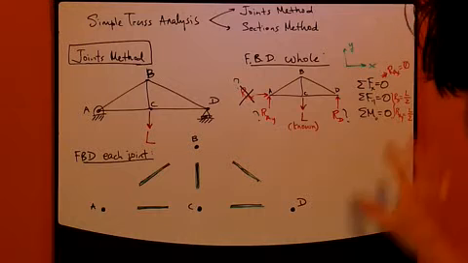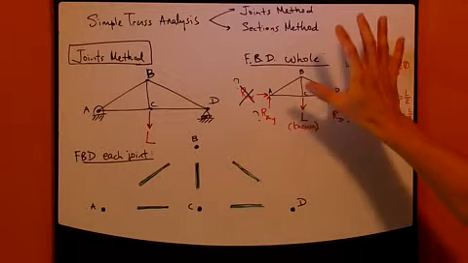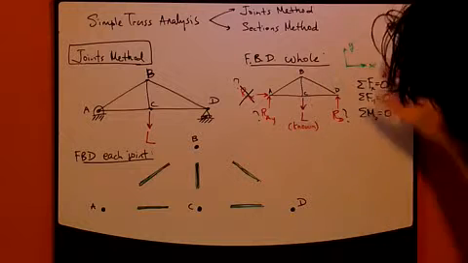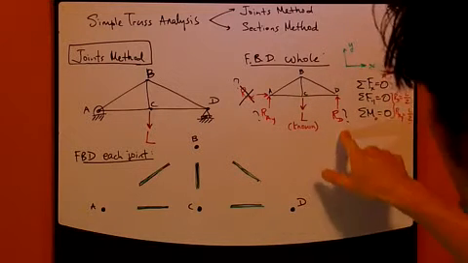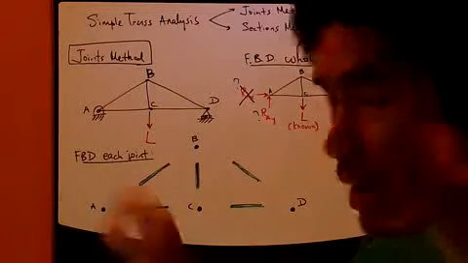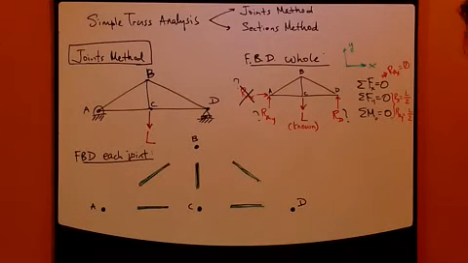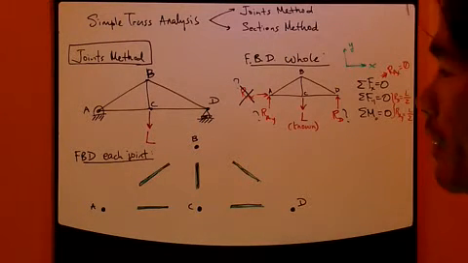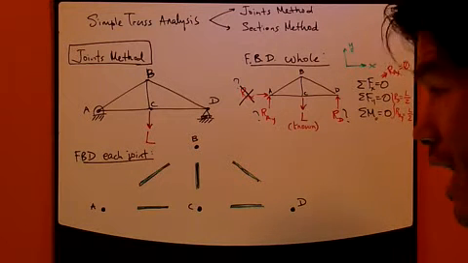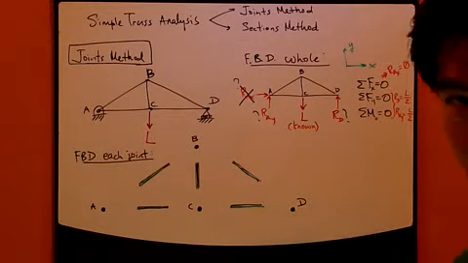So with the free body diagram for the entire truss set up and the reaction forces calculated by applying the equilibrium equations, now we can get into the joint method. Here it is: you draw a free body diagram for each joint.